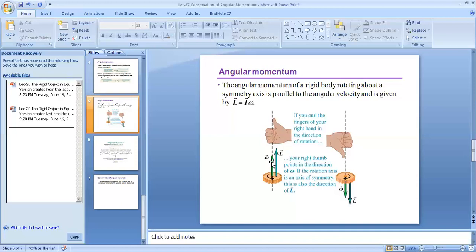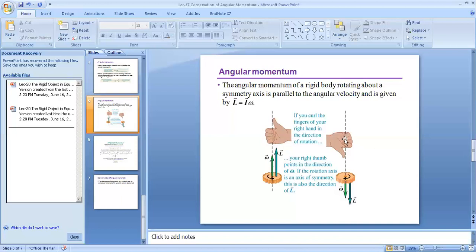Means both vectors, angular velocity and angular momentum, will be directed along the positive z-axis whenever the object is rotating in a counterclockwise mode, and the axis of rotation is a symmetry axis.